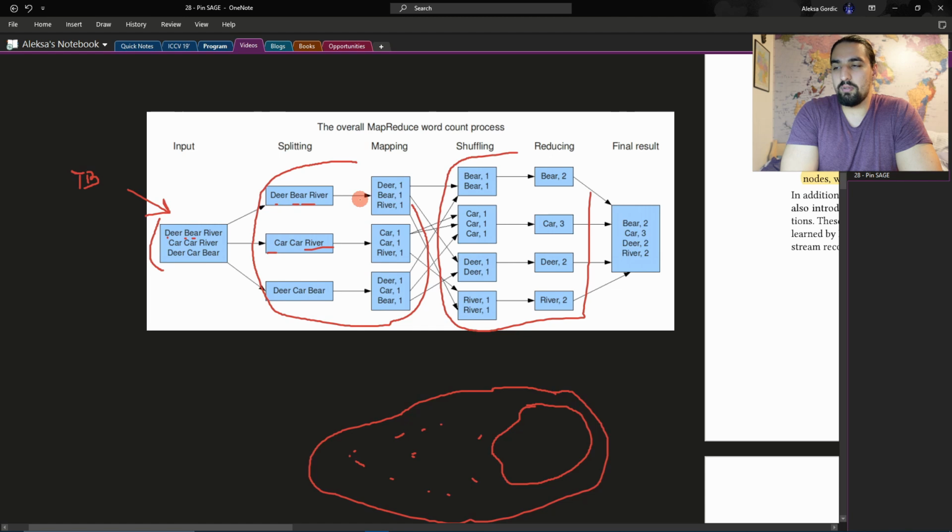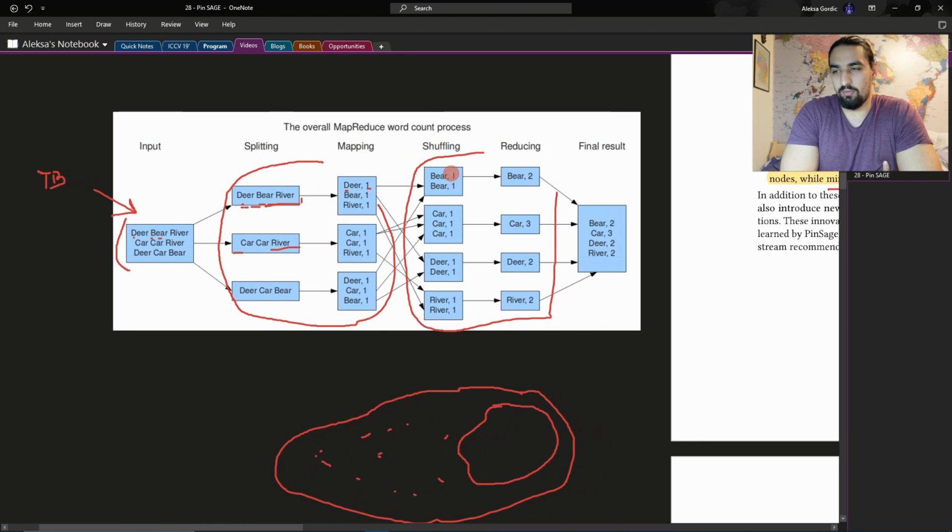Then we map those samples of data into key value pairs. In this example of figuring out the frequencies of the words, we end up with deer 1, bear 1, etc. And then we shuffle, which is basically clustering these key value pairs by the key, and we end up with these.